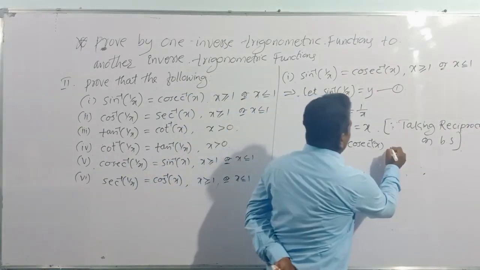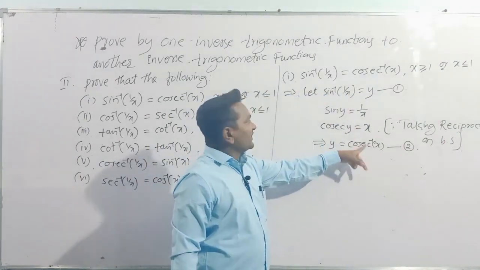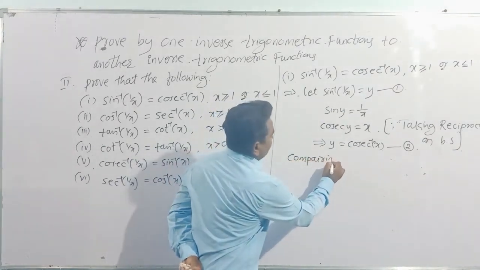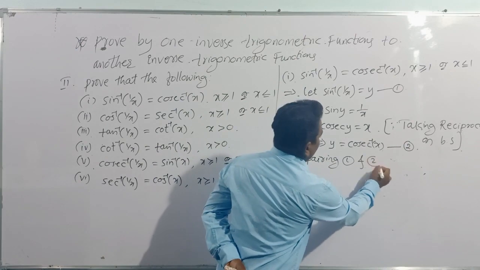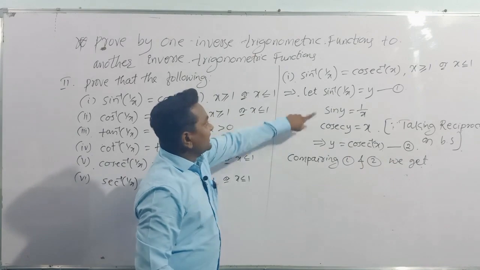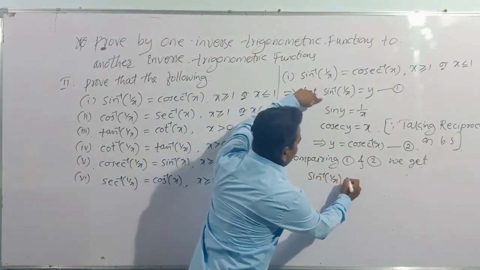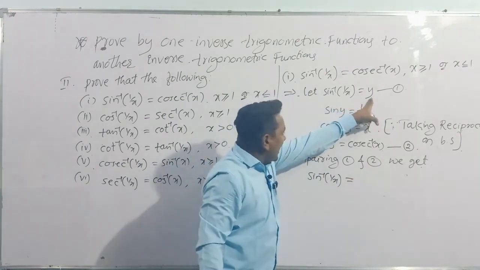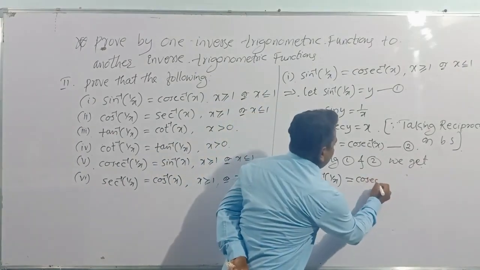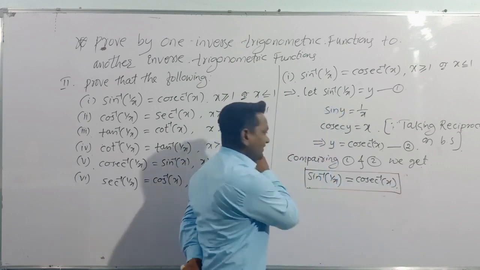Take it as equation number 2. Now comparing equations 1 and 2, we get LHS sin inverse 1 by x as it is. Now this equals, put the value of y. See equation number 2, the y value is cosec inverse x. Hence the proof of the first property.